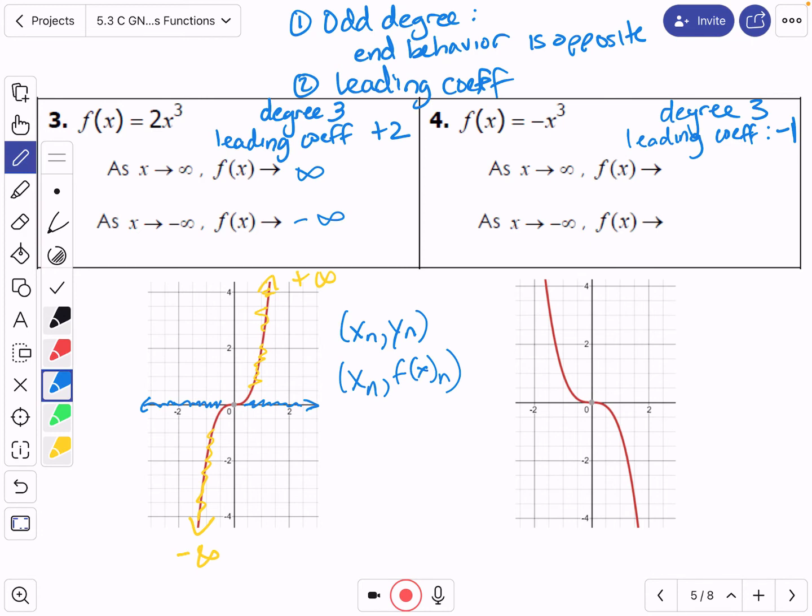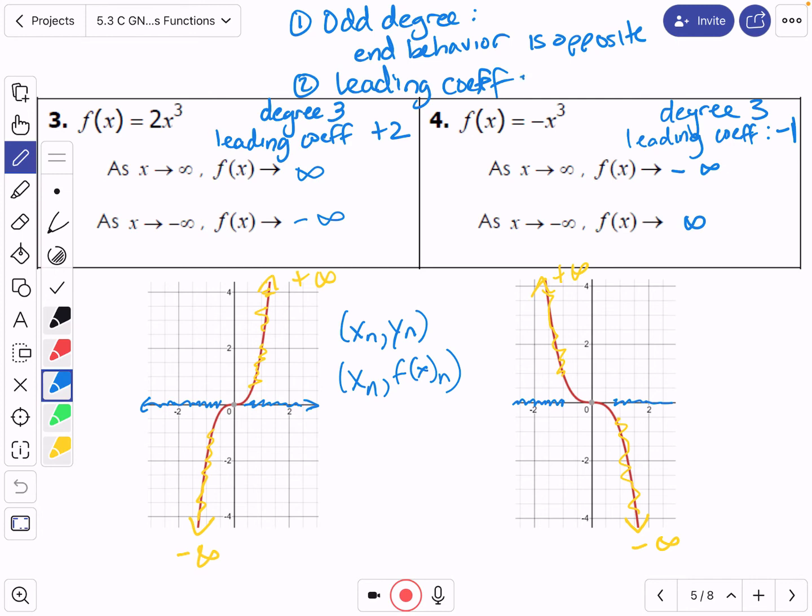On this side, as I put in larger and larger positive x, my function is going to negative infinity. And as I put in more and more negative x, my function heads to positive infinity. So one way you can think of this is they're opposites. As x goes to positive infinity, f of x goes to negative infinity. And as x goes to negative infinity, f of x goes to positive infinity.